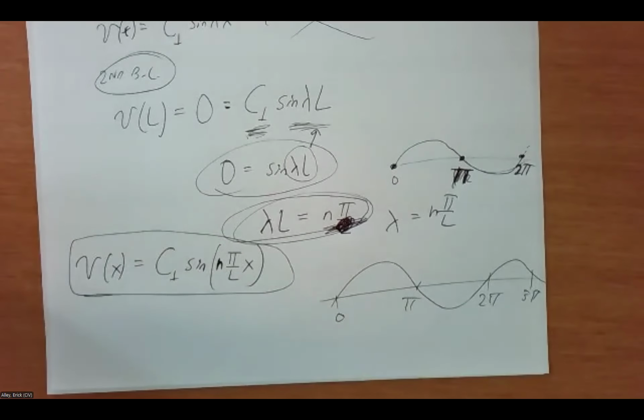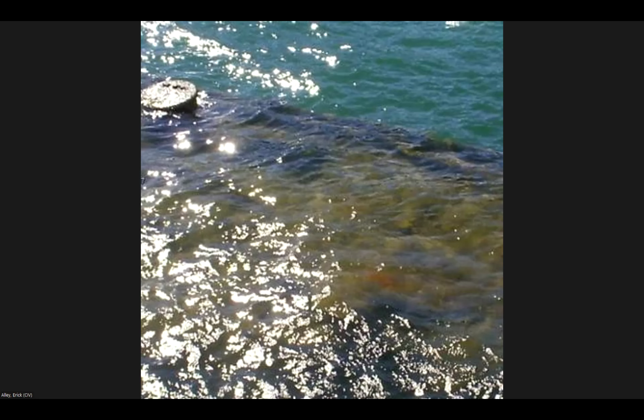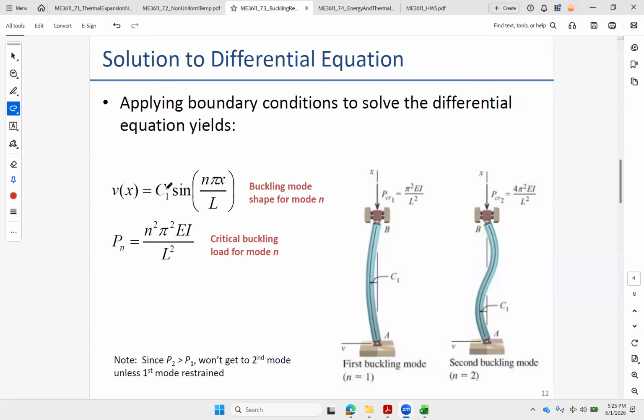So here's our displacement function. Note we don't know how much it displaces by. The magnitude is still hanging out there as an unknown. But the shape is the important thing. So I got n pi x over L there.